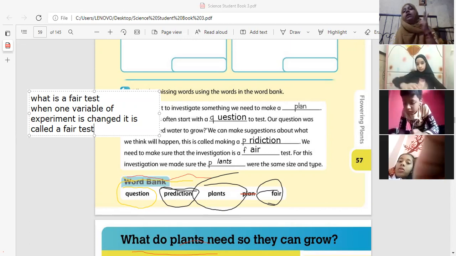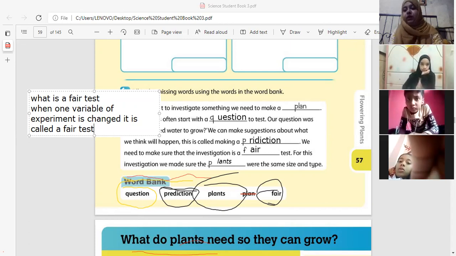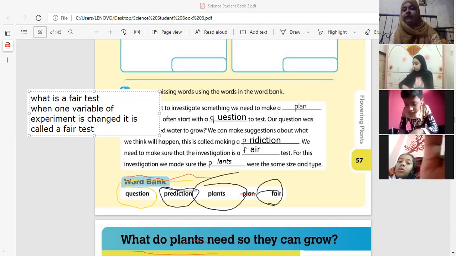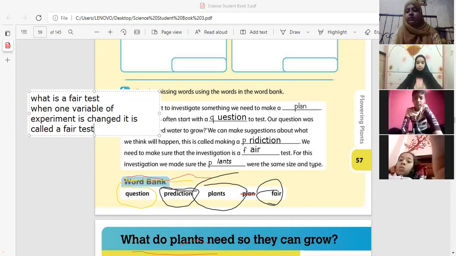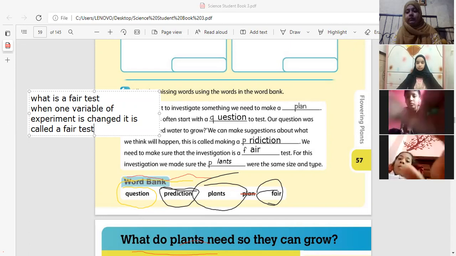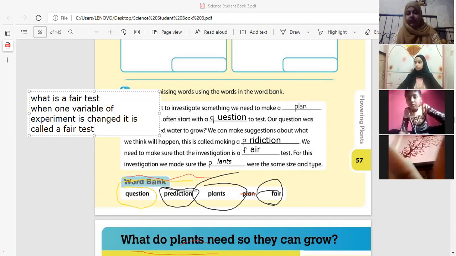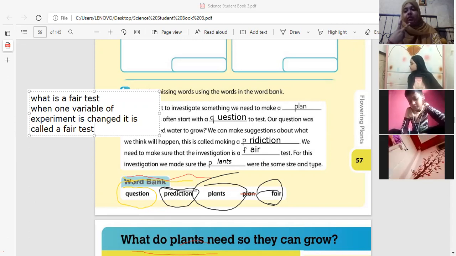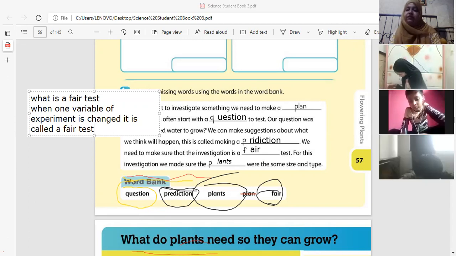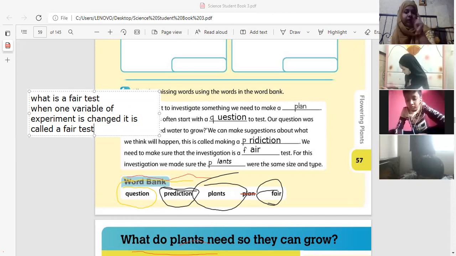If two variables of an experiment are changed, is it called a fair test? So true or false? If you get a question where I say I have changed two variables of an experiment, it is a fair test. Is the statement true or false? False. Why? Because we can change only one variable of an experiment. One variable. Okay.